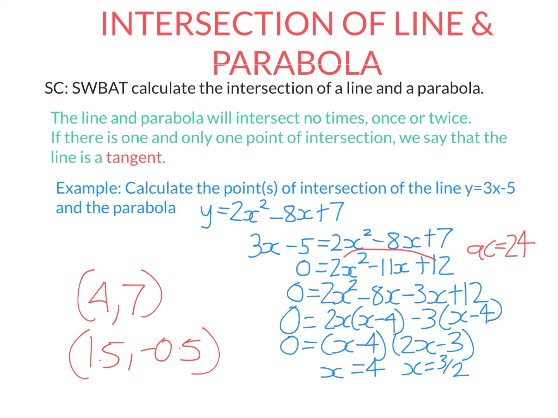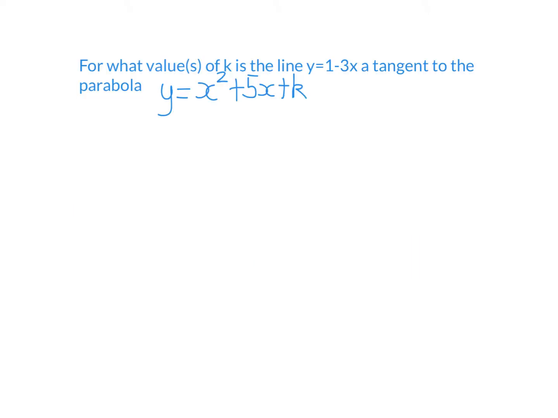All right, let's look at one more example. So this time, rather than finding the points of intersection, we're asked to find this value here. So this line is a tangent to this parabola. So remember I said in the previous slide, this line will be a tangent if it intersects with this parabola once and only once.